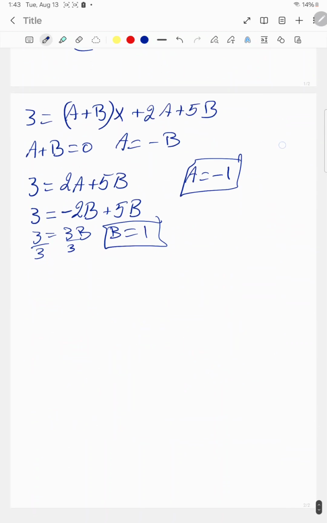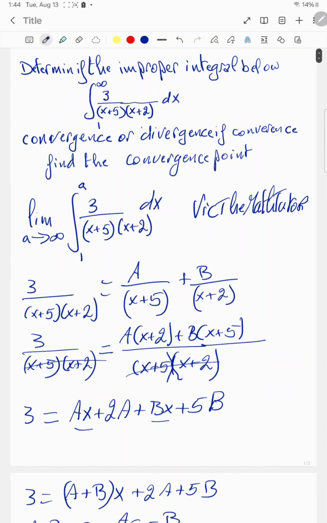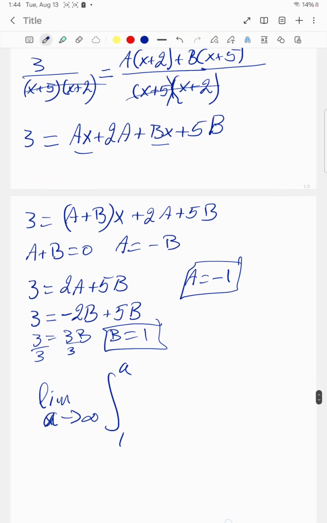So now that integral, I can write it as the limit when a goes to infinity between 1 and a of b over x plus 2, let's start with b. It's 1 divided by x plus 2 dx, plus the limit when a goes to infinity between 1 and a, and because a is equal to minus 1, I will put a minus here.